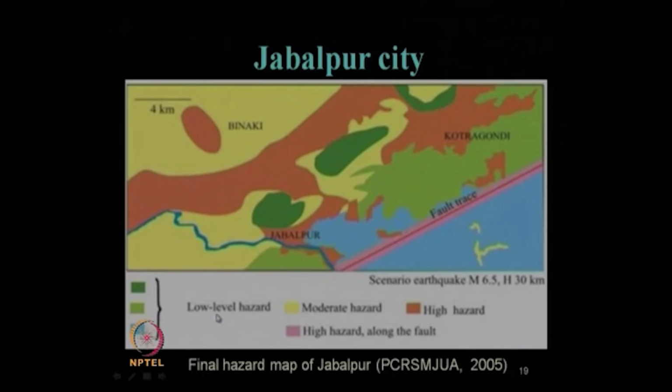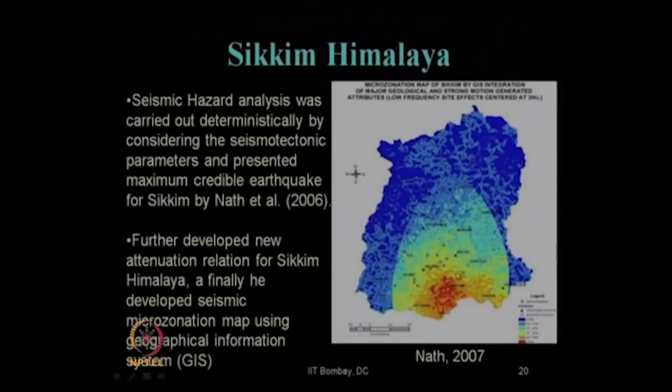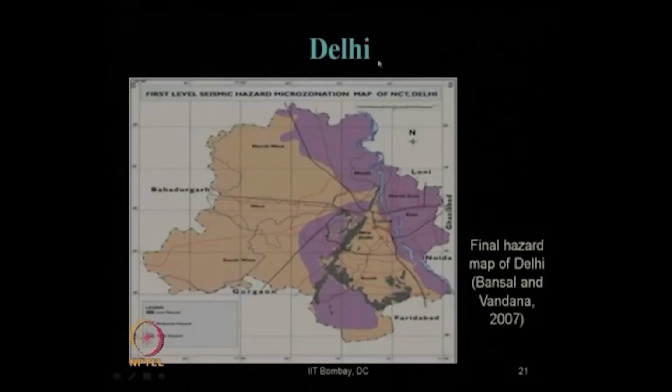As you can see, low hazard level, moderate hazard level, high hazard level and high hazard along with the fault trace. For Sikkim Himalaya also, as given by this reference, the microzonation map for Sikkim has been shown in the GIS interface like this, with different values of the intensity of earthquake accelerations.